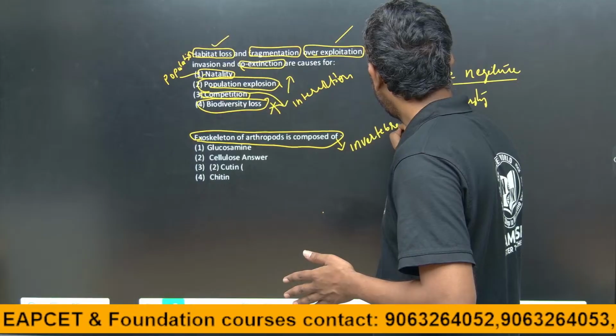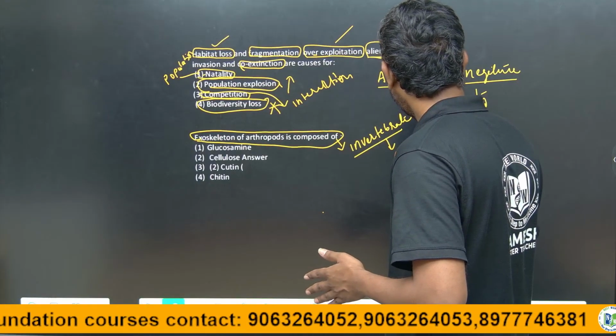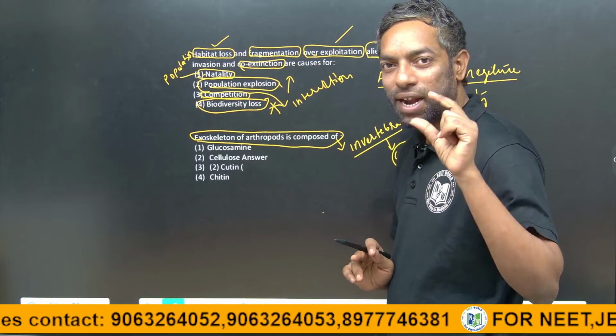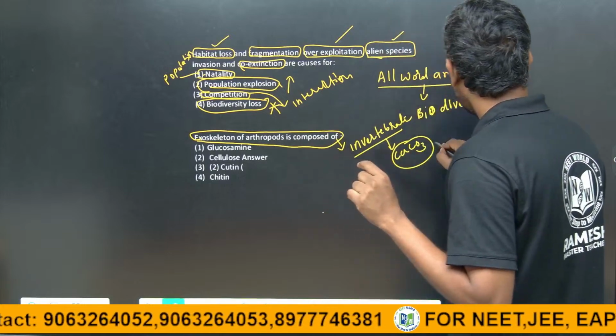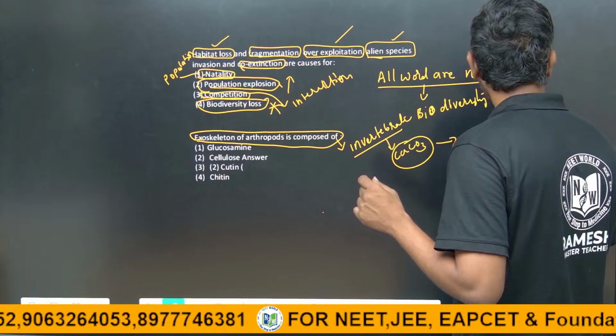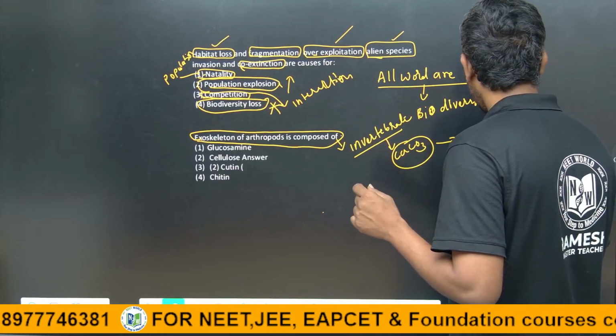But here this is not made up of calcium carbonate. Okay, this is a chitinous layer. There are plates, guys, in the segmented body of arthropods.